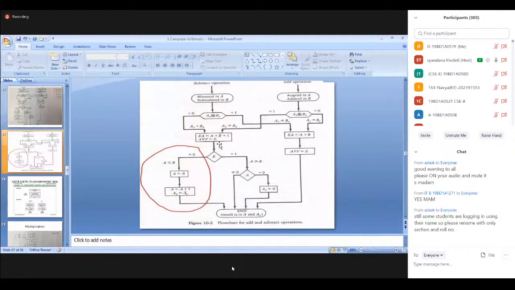Here AVF is 0. Why? Because at the time of addition, there is a chance to get the overflow. What exactly overflow is, we'll see later. So we may get overflow for addition, but for subtraction, you don't get any overflow. Therefore, the AVF flip-flop will be set to 0 for the subtraction operation.